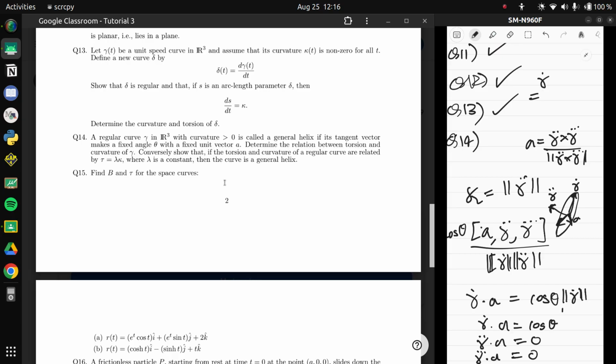We also know that, okay, so this is actually perpendicular. Oh, so gamma triple dot is also perpendicular to A. Gamma triple dot is not necessarily perpendicular to gamma double dot, is it? No, it's not.